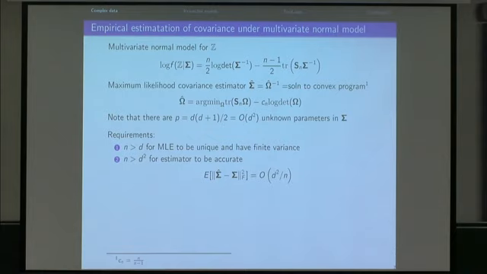But the multivariate normal model has a log likelihood function of sigma, this covariance, that depends on the inverse covariance through the log determinant and through the trace of the product between the inverse covariance and the sample covariance.